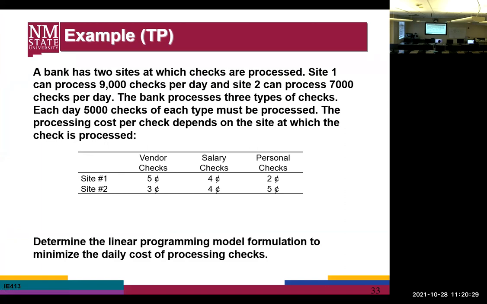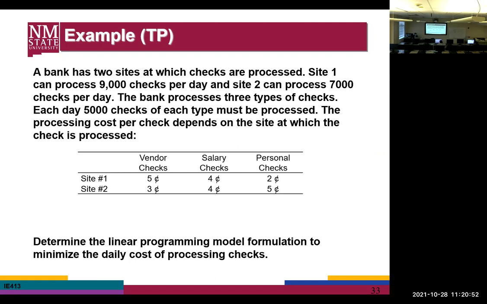Okay, so in this case, you may consider the two processing sites as the sources and the check types to be the destinations, or vice versa. Either way should work. I actually did the sites as the sources and the checks as the destinations.